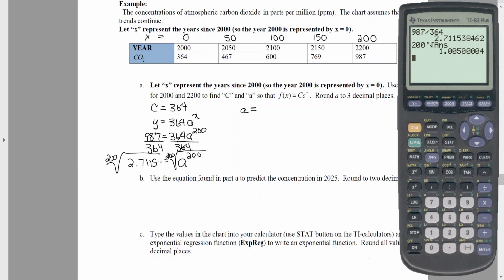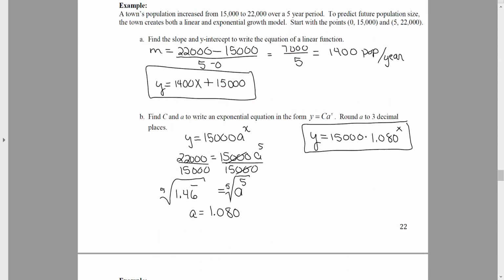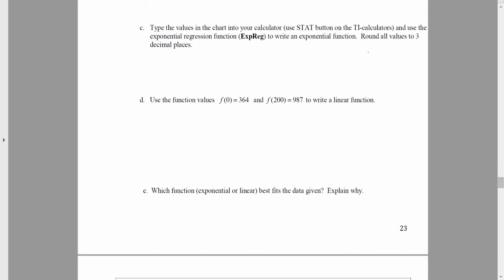So my a value, rounded to 3 decimal places, is going to be 1.005. The number next to that is a 0, so we don't round up. It'll just be 1.005. Then I can go back to the function.